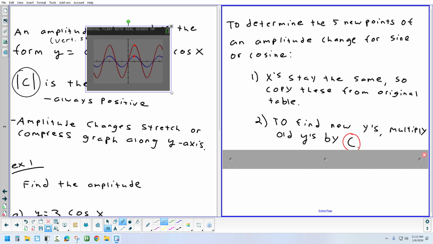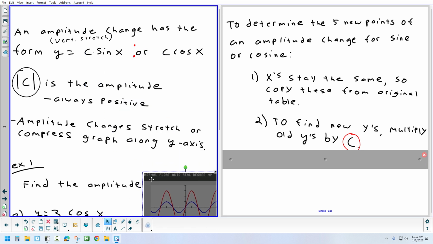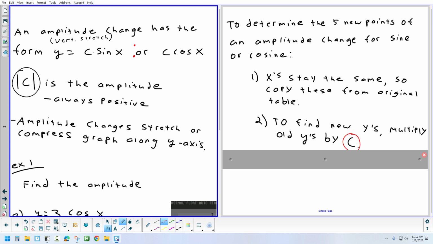Notice I didn't say multiply by absolute value of c. You just use the number in front, whatever it is. If it's a negative, you need to use the negative because that causes it to flip. So just multiply all the old y values by whatever the number is in front. Don't do anything else to the number.